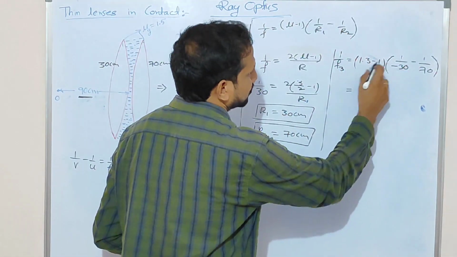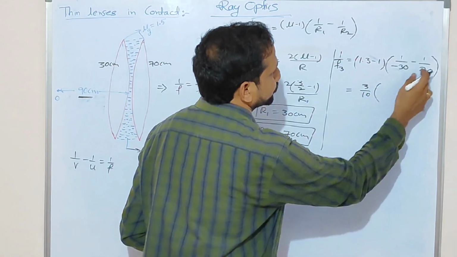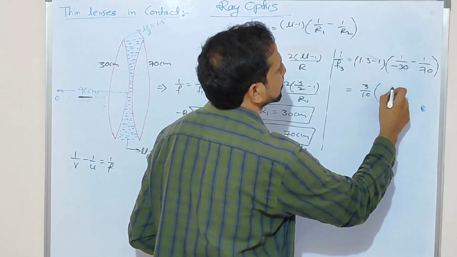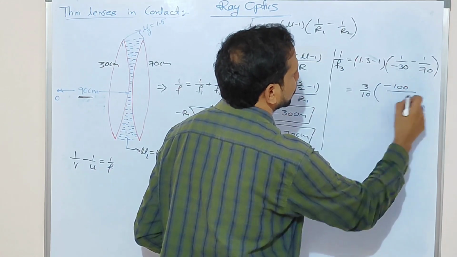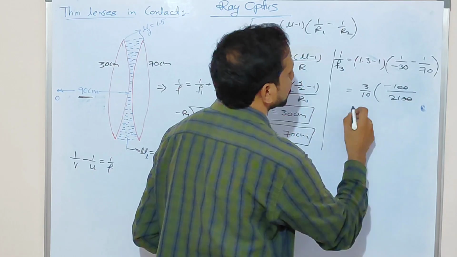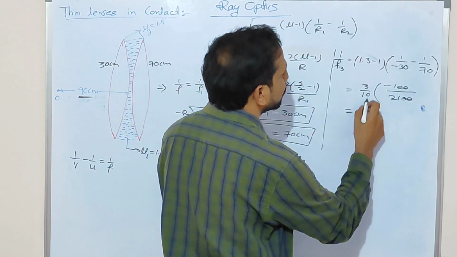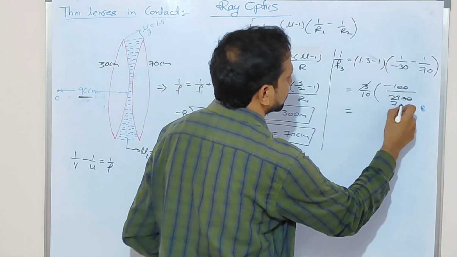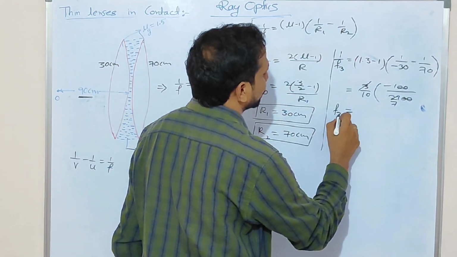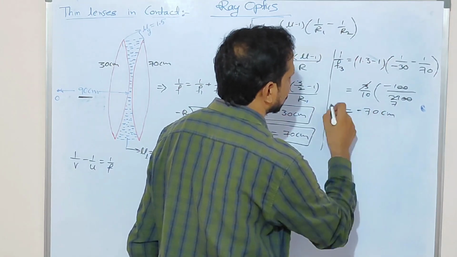Solving this, 3/10, that is 0.3, into (minus 70 minus 30) by 2100, gives minus 100 divided by 2100, so f3 is going to be minus 70 centimeters.